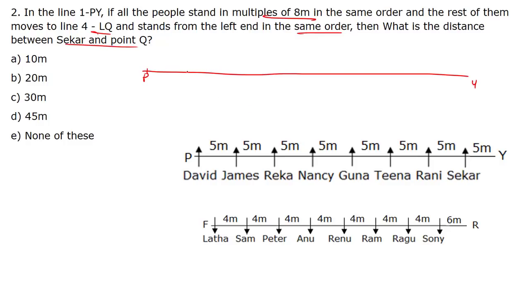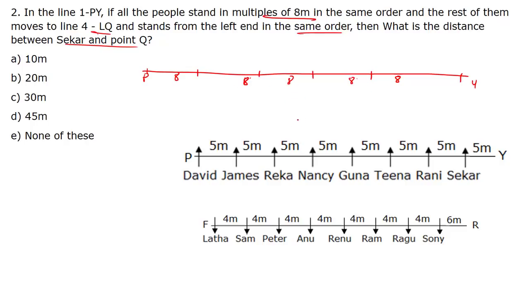The distance from P: 8, 16, 24, 32, and this is 40, right? The total distance from here to here is 40. So from point P to point Y, it is 40 meters.